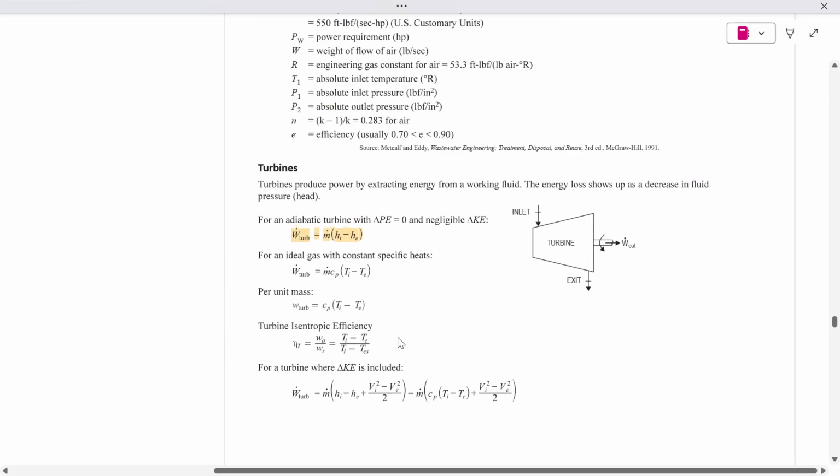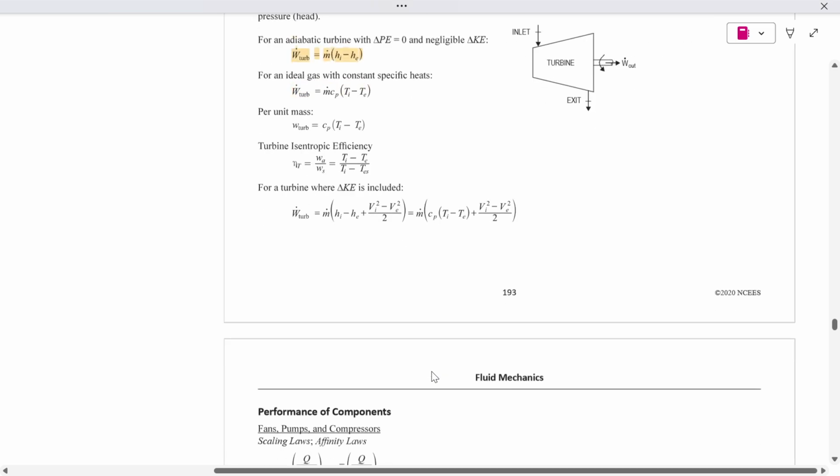If they give you any of this stuff, it's usually very straightforward, plug in and get the answer kind of thing. But they are not very important. They usually don't come. That's why I'm not discussing any of them in depth.